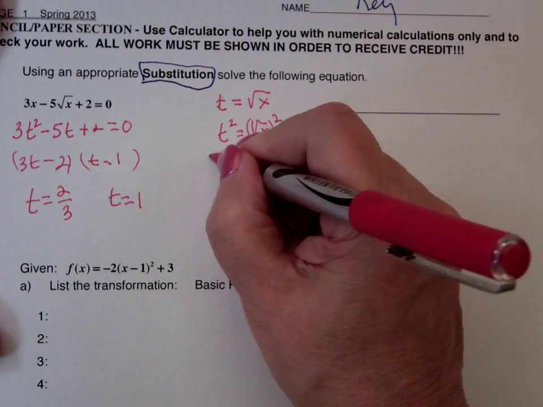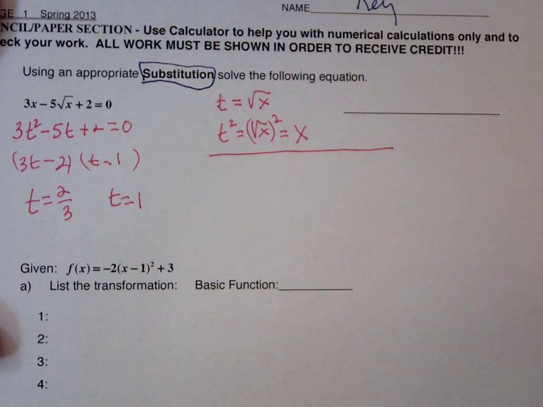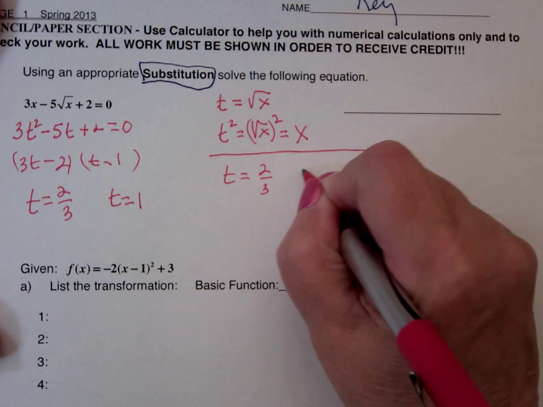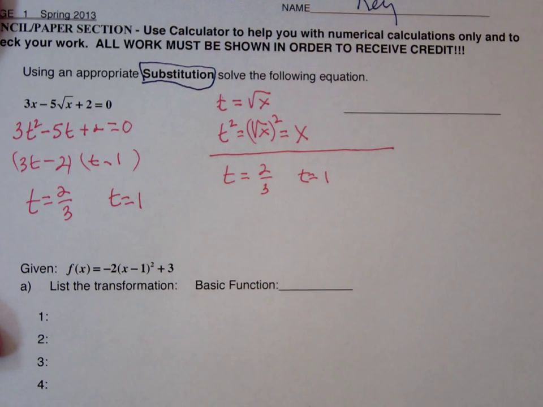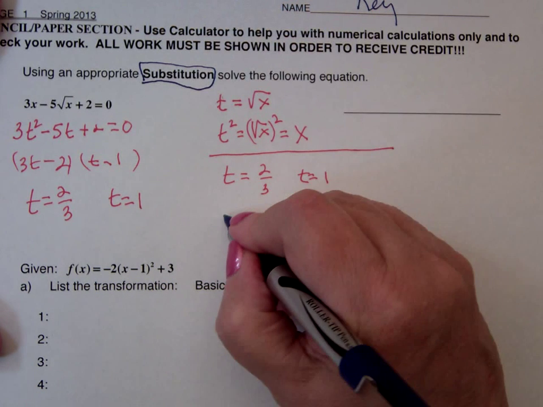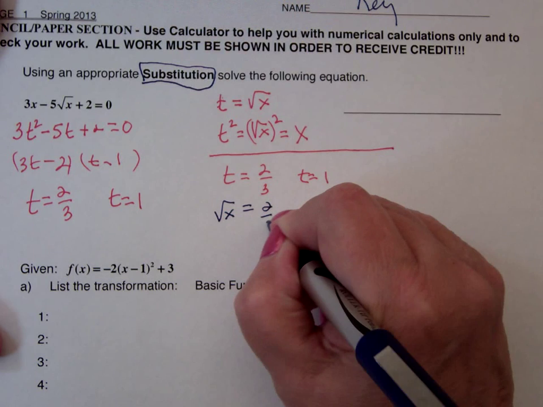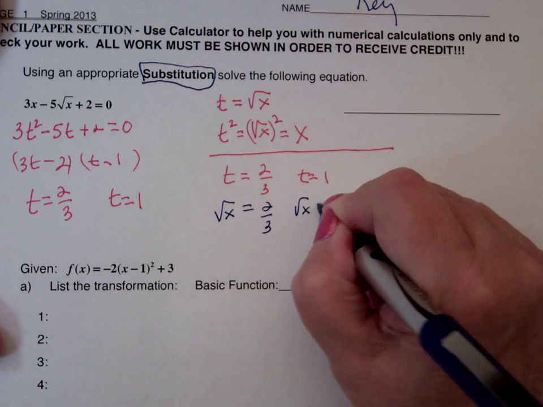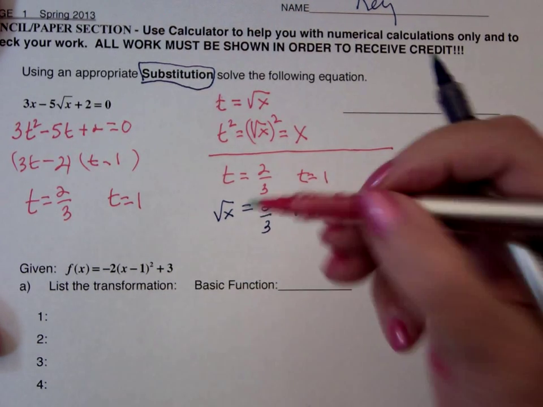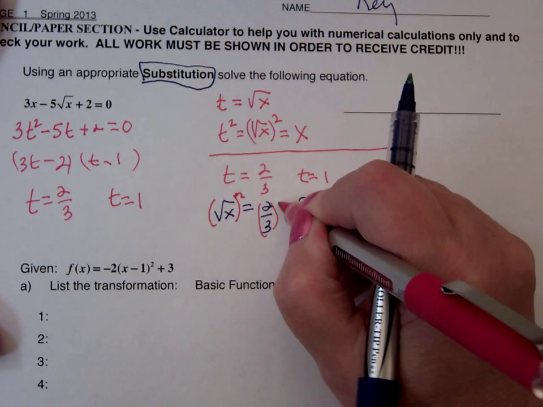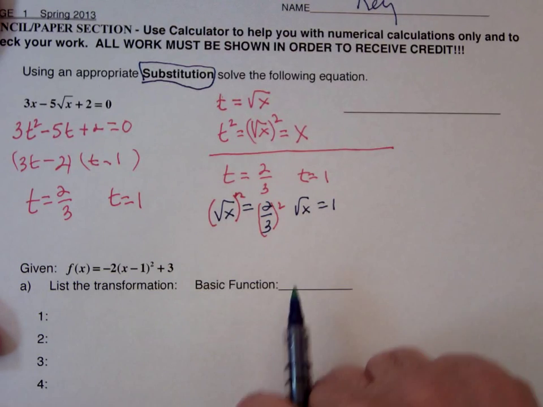Now I am not interested in t, I'm interested in x. So t is 2/3, t equal 1. So t is the square root of x is 2/3, square root of x is 1. To get rid of the square root of x, to solve for x, we're going to square both sides.